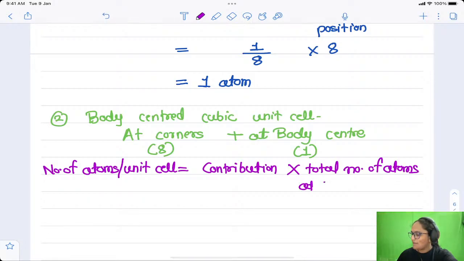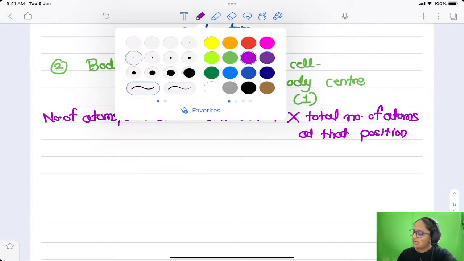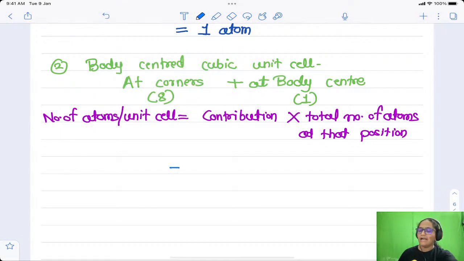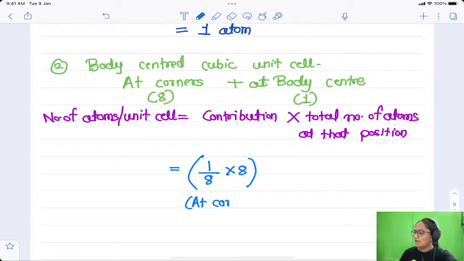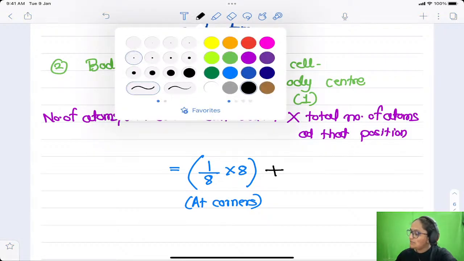Here we will calculate it two times, because there are atoms at the corners as well as at the body center. First, for the corner: 1 by 8 is the contribution, the total number of atoms is 8. I put this in a bracket, and write that this is for atoms at corner, plus now the atoms at the body center.